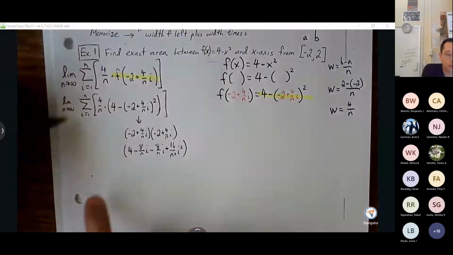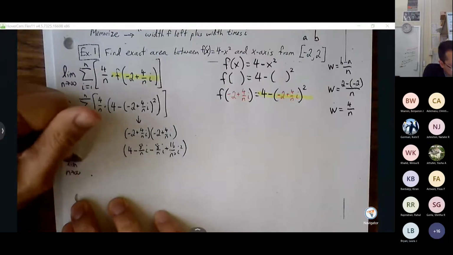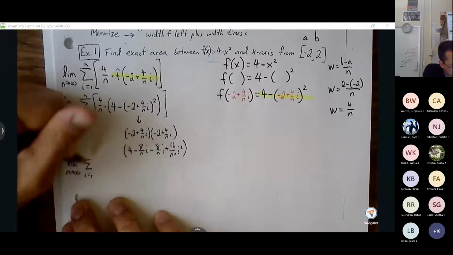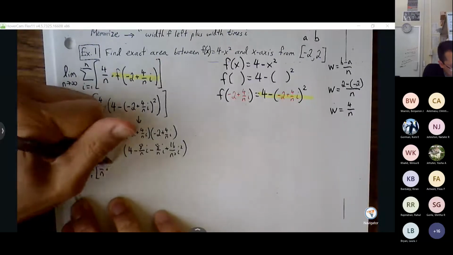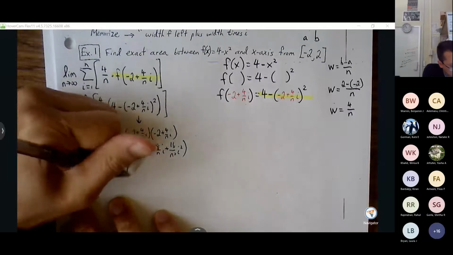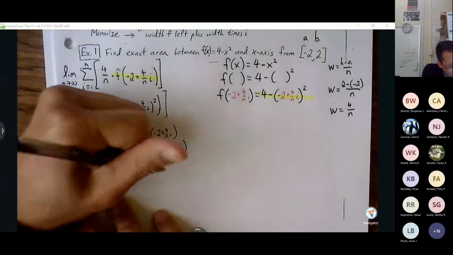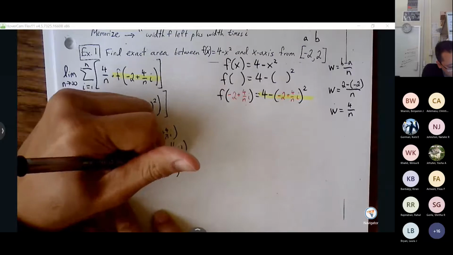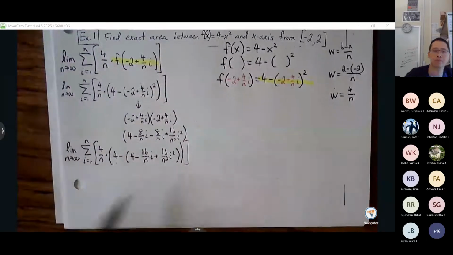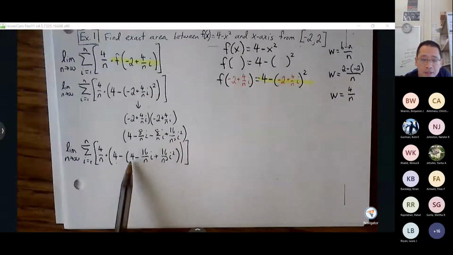Okay, so I want to make sure I bring down the rest of my problem here. Okay, so once I FOILed this out, I combine like terms, but I still have this in a set of parentheses because I still have this negative sitting out here.